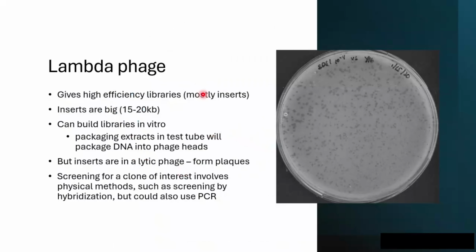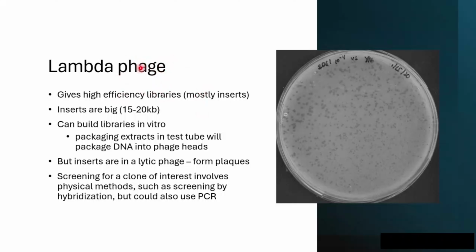So what's cool about lambda phages and why they could be interesting for genome sequencing and library generation is that it gives you these high efficiency libraries. So when you're using a phage, the phages don't form unless there is a specific amount of DNA in the capsule. If the DNA is not about 50 kb, the capsule will not form.